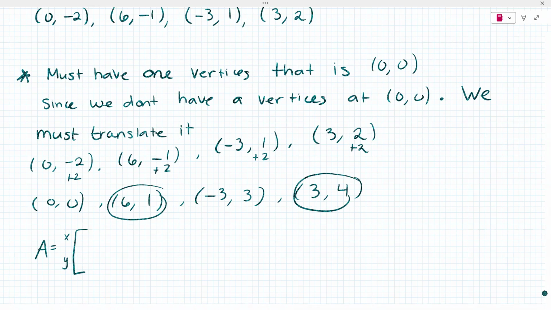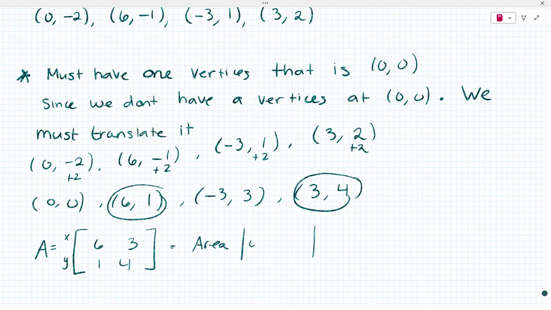If this is your X row, it would be 6, 3, and your Y row would be 1, 4. They will all give you 21. To find the area, it's the absolute value of the determinant of this. Let's find the determinant of this 2 by 2.